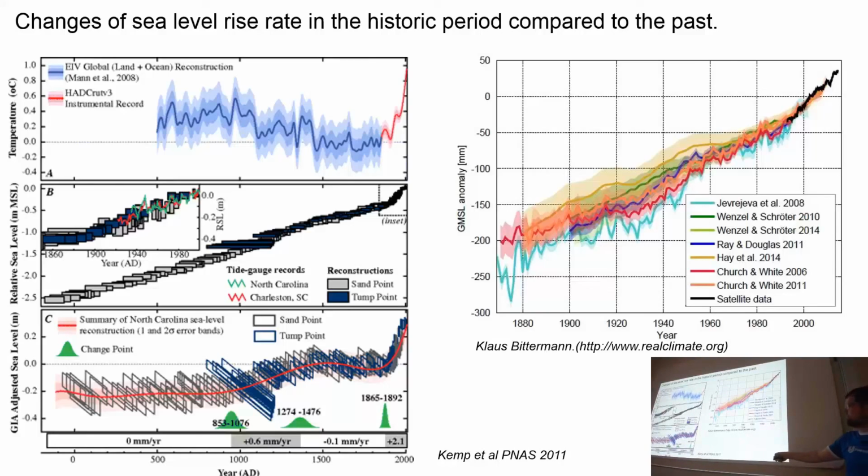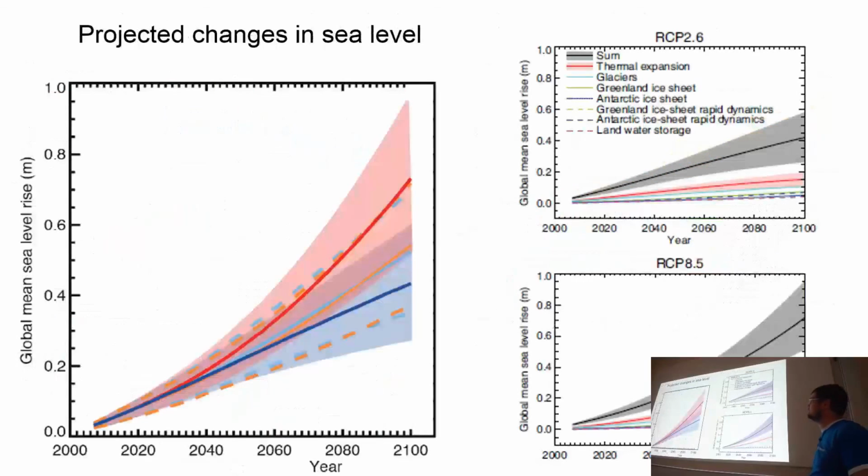The time on the bottom of this one is in years AD, so 0 here, and then year 2000 up here. We can see that the rise we're getting now hasn't really been seen over the last 1,000 years. And in fact, there are other records that go back a little bit further to say that it hasn't been seen for a very long time. So the sea level rise we're seeing now is unique.